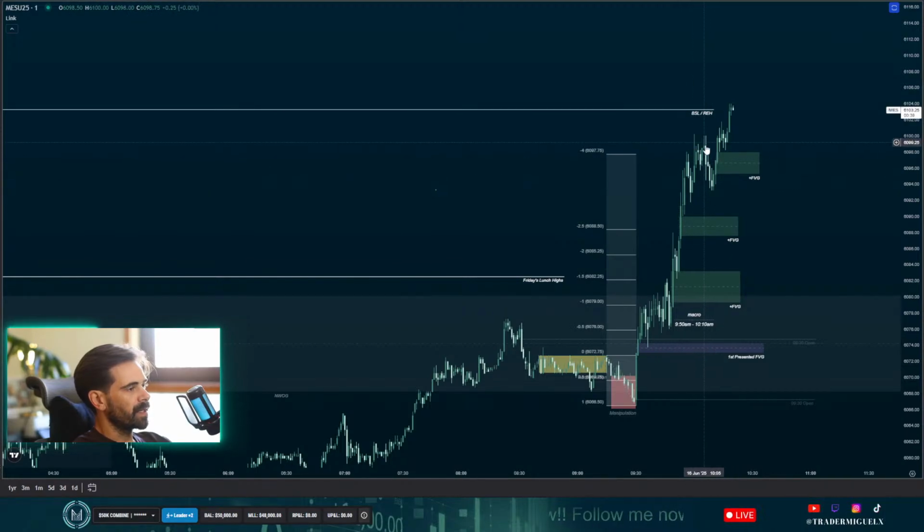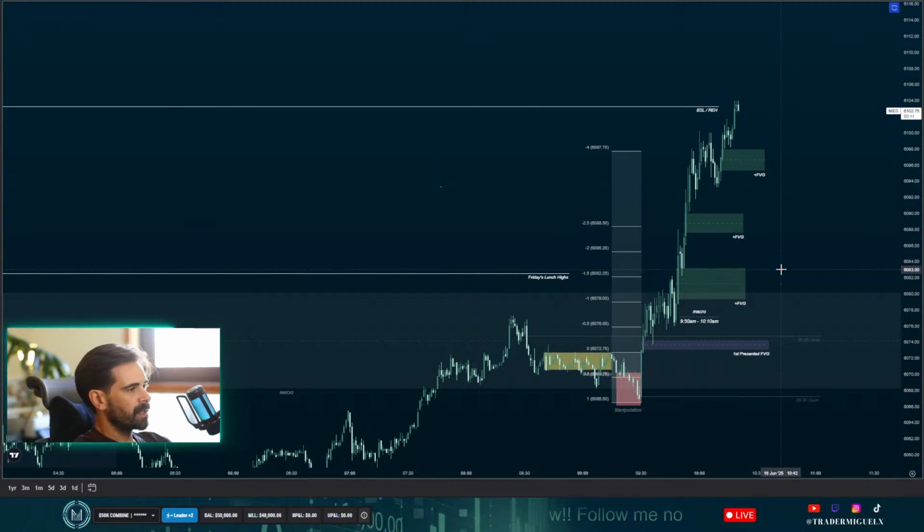Here we have another continuation breaker where you have the low, the high, I mean, the low, and then we retrace down, but end up breaking these highs as well, and then retrace back into the continuation breaker and boom to the upside.